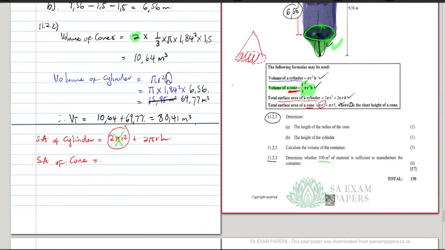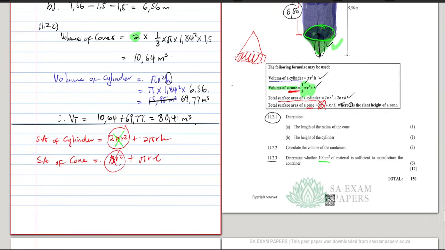This part of the cone is represented by the pi r squared, so we're going to disregard it because it's not exposed. The material used to manufacture that container is not going to cover the bottom part. So this pi r squared plus pi rl is going to be disregarded. So we take this out.